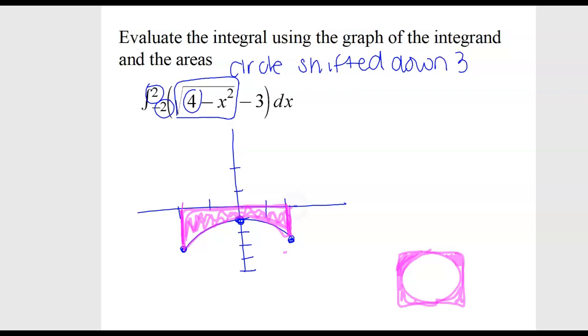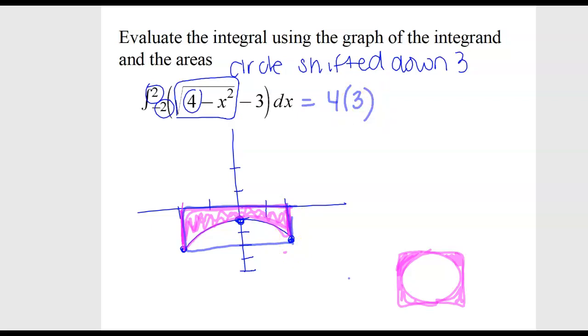We're going to find the area of the big rectangle outlined in blue. So we're going to say it's equal to the area of the rectangle, so that's 1, 2, 3, 4, times down 1, 2, 3.